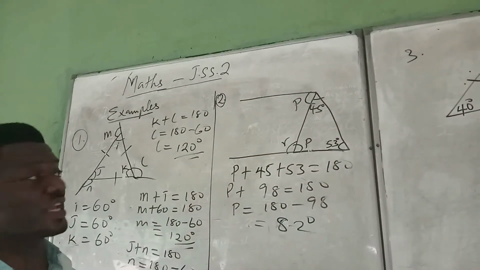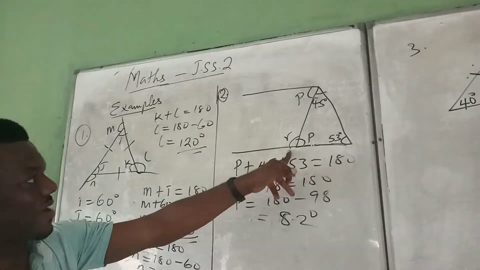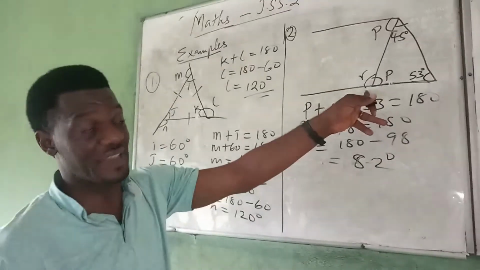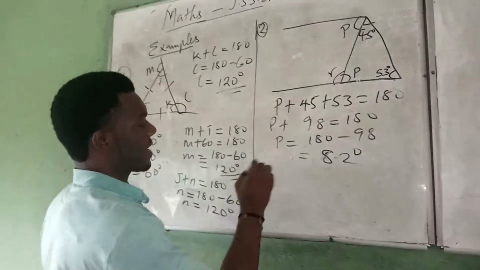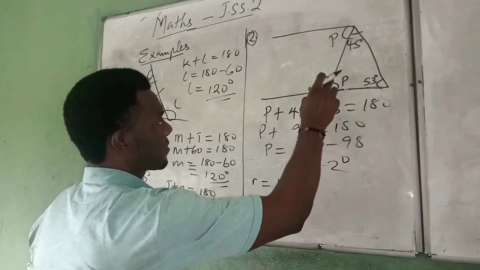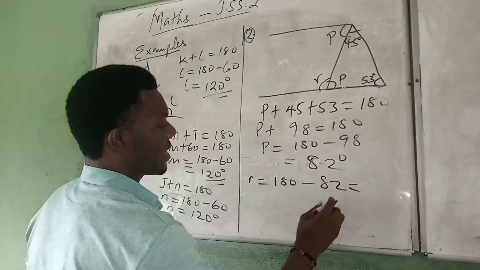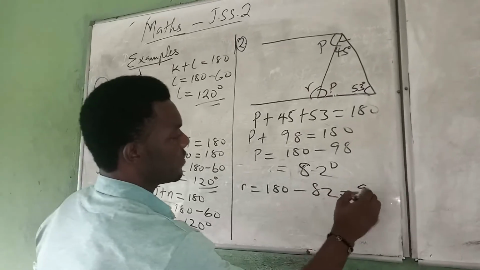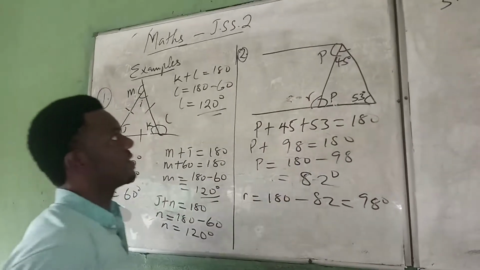Now, if P is equal to 82 degrees, we can easily get R. You remember the rule that we connect R and P, and that is angles on a straight line. The sum of the angles on a straight line is 180 degrees. So R now will be 180 degrees minus P, which is 82, and 180 degrees minus 82 will give you 98. So our R now is 98.